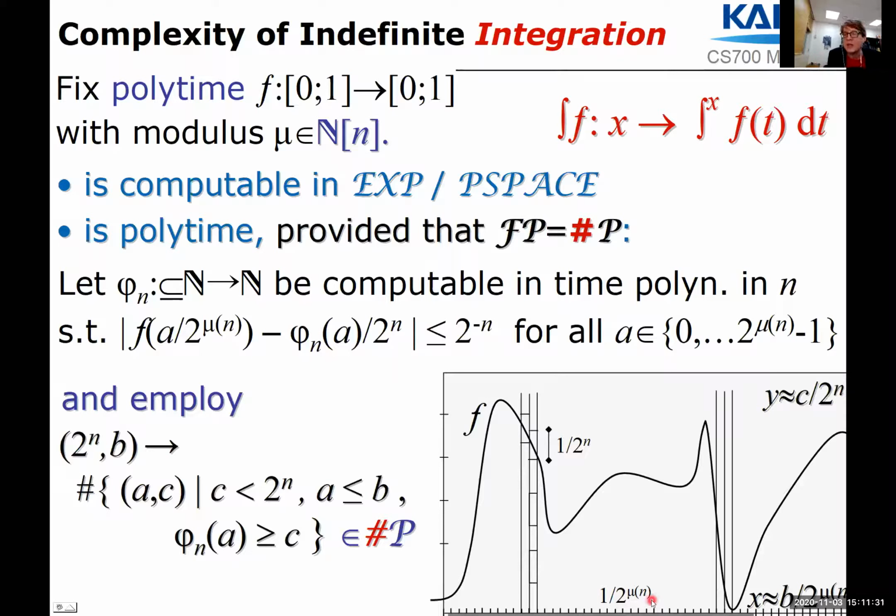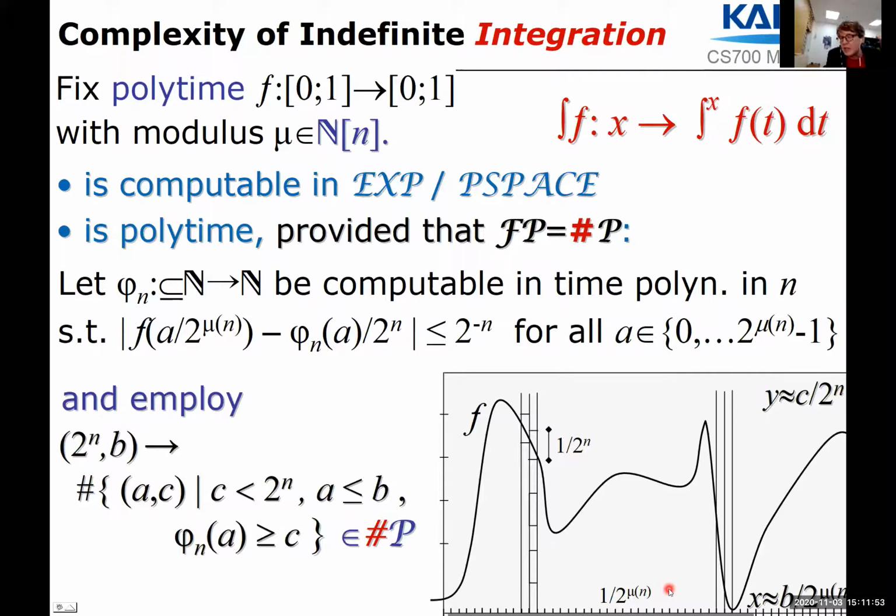Well, this is exactly what the modulus of continuity says. So this is a kind of quantitative version of the Riemann integral theorem with explicit dependence on the precision parameter 2 to the minus n and explicit dependence on the modulus of continuity of the function.